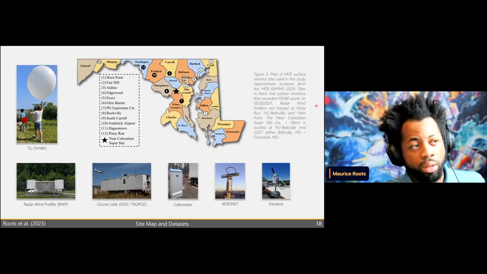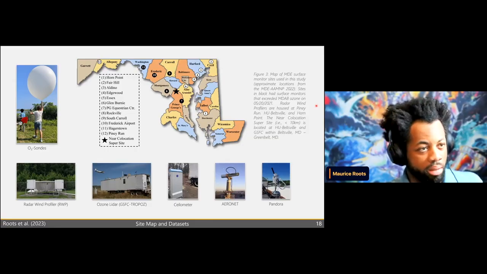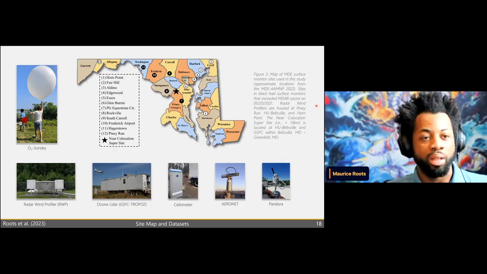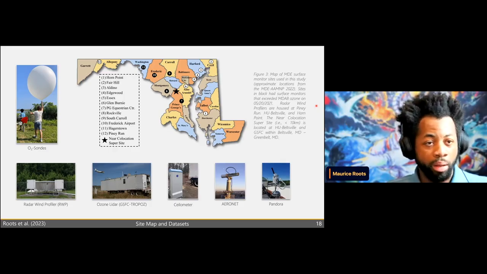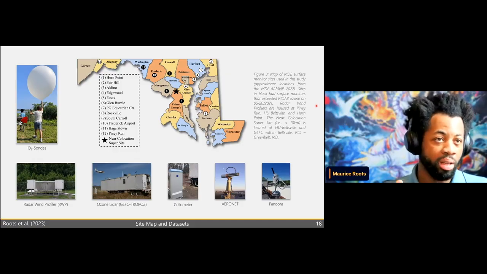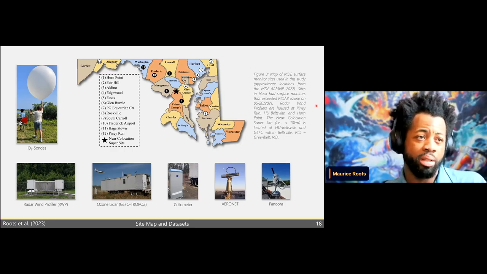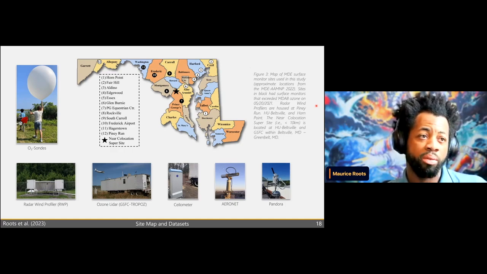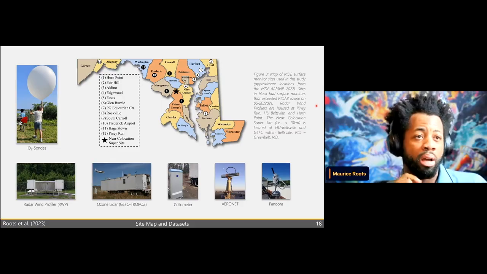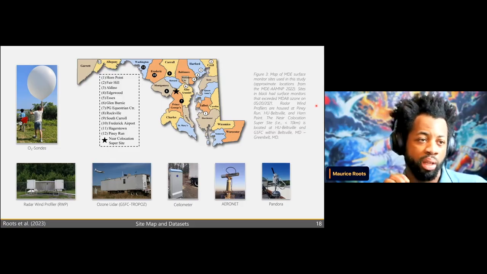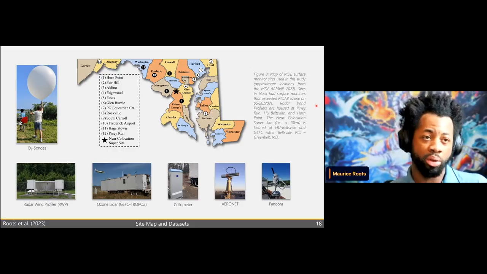And so that alone prompted us to study, okay, why did this happen? What's going on here? And we have to use what we have available to us, being this multi-instrument super site, as I labeled it on here, where that star is. At that particular location, along with the surface network from the Maryland Department of the Environment, we have sondes being launched that get us a really high resolution ozone profile, but it follows the wind.